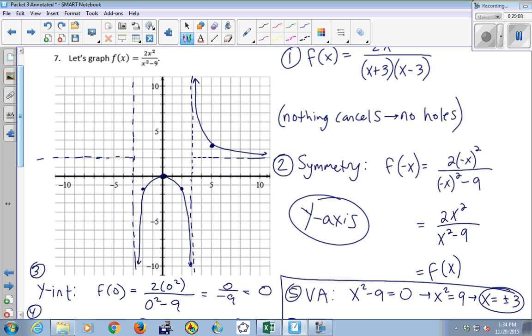All right, and then I have the same thing that happens on the left because of my y-axis symmetry, right? So the point -5, 3.125 is on my graph. I know from the end behavior that it's got to come down to my asymptote at 2. And I know I have this vertical asymptote that it has to approach. And there's my graph.